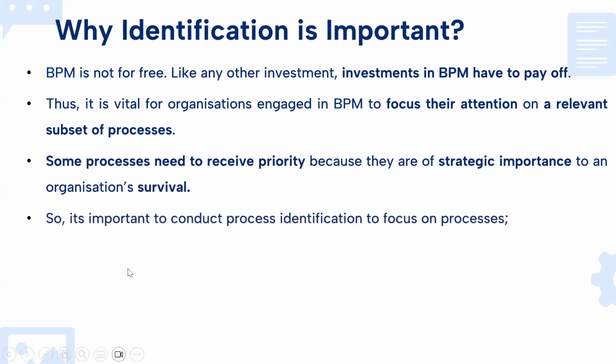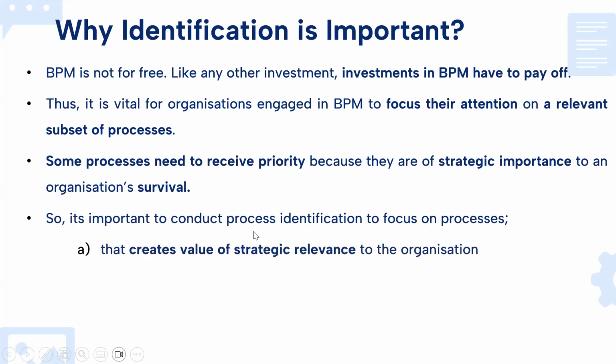So it is important to conduct process identification to focus on processes that create value of strategic relevance to the organization. When you're selecting a particular process, those processes should be able to create value for strategic relevance. An organization has strategic goals and strategic missions, and the processes you have identified should have strategic relevance and be able to create value for the organization. And the next one is that they should have substantial problems.